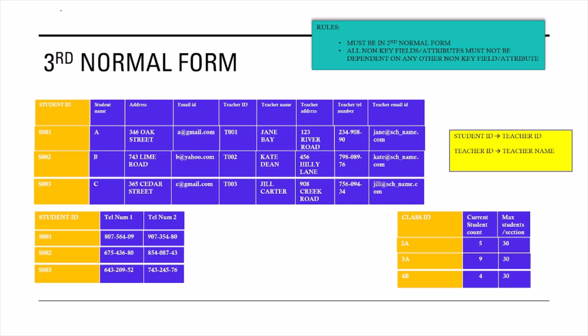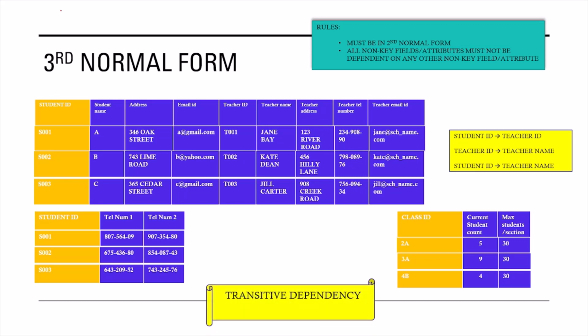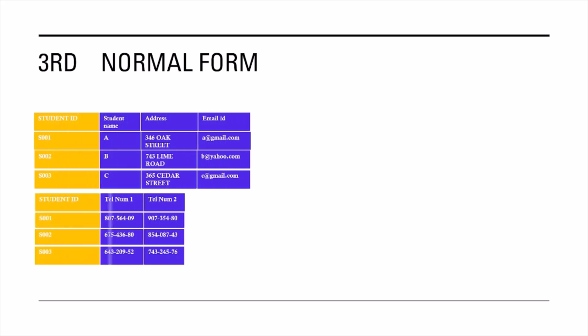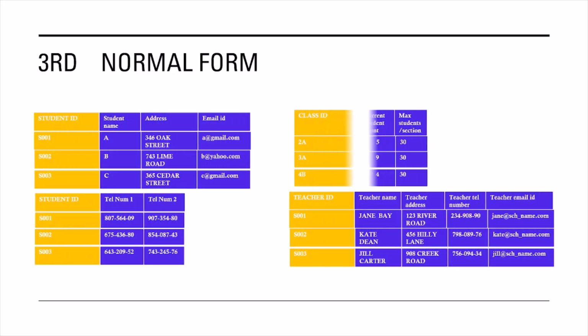If we know the teacher ID, we can know the teacher name, which means indirectly, teacher name is dependent on student ID. And again, we have a case of transitive dependency, which, as I said, is bad database design. The resolution, therefore, is to move the teacher details to its own table. Now all the tables are in third normal form.